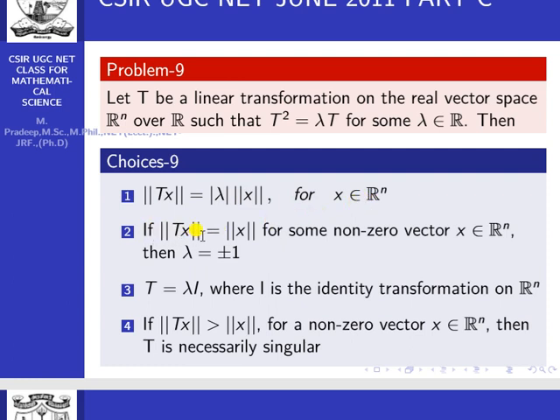If norm of Tx equals norm x for some non-zero vector x belongs to R power n, then lambda equals plus or minus 1, T equals lambda I, where I is the identity transformation on R power n. If norm of Tx is greater than norm x for a non-zero vector x belongs to R power n, then T is necessarily singular.